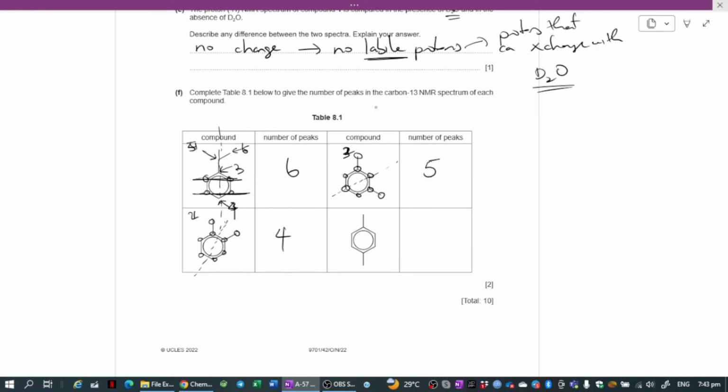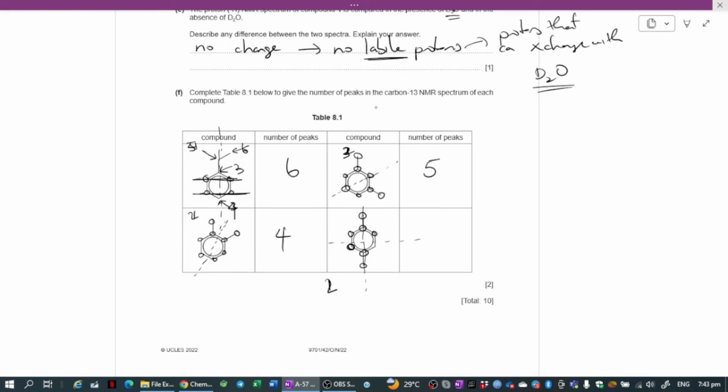And in this structure, 1,4-dimethylbenzene, we notice we have 2 mirror lines in this case. So it means that this carbon is equivalent to this carbon, so that's 1 peak. And it also means that this carbon is equivalent to this carbon, so that's 2 peaks. But something special happens with these 4 carbons. This carbon is equivalent to this carbon, but it is also equivalent to this carbon. The same could be said about this carbon.